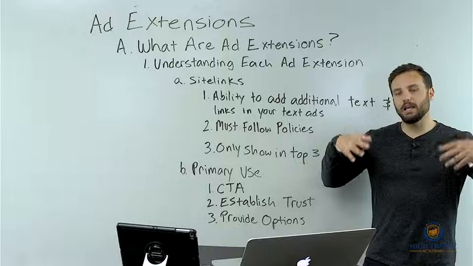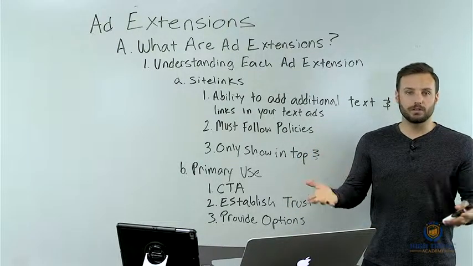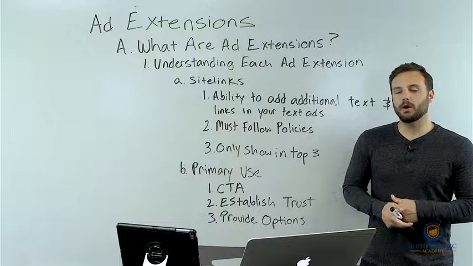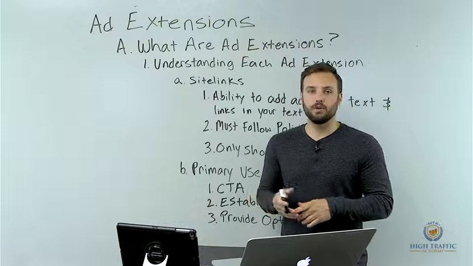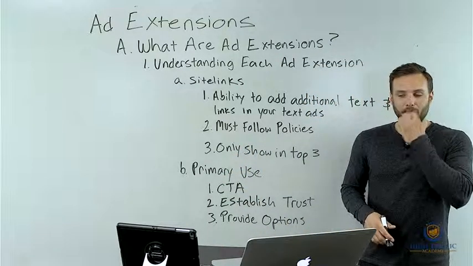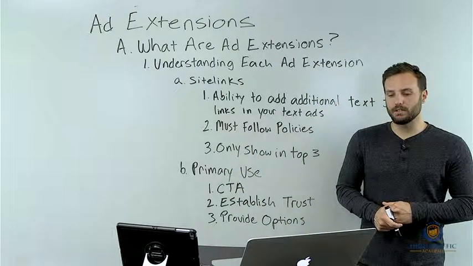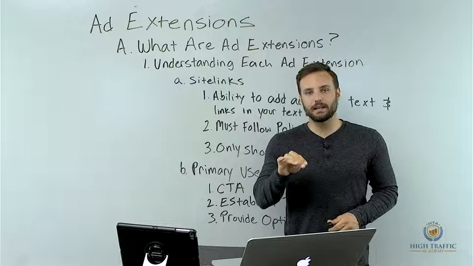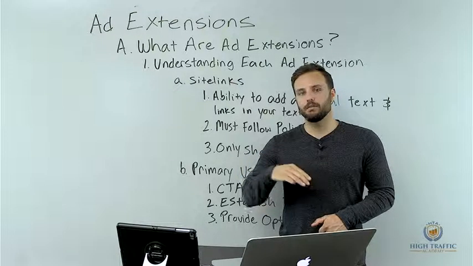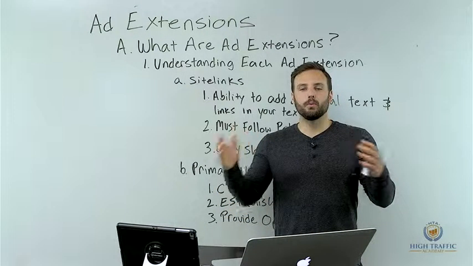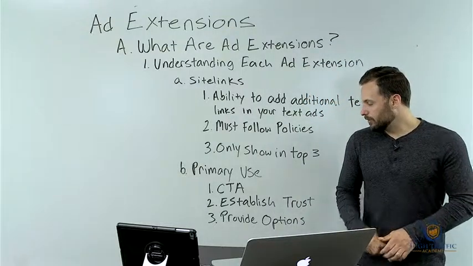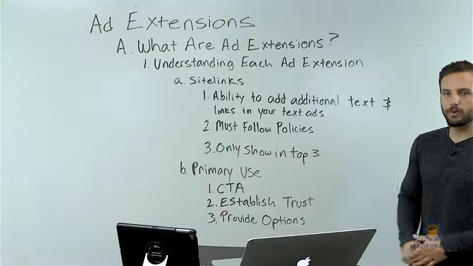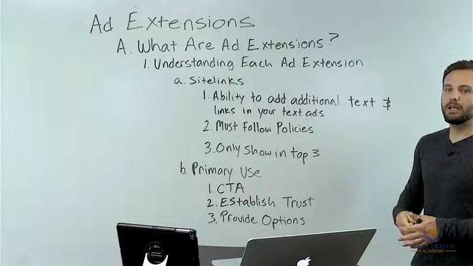For instance, in advertising for divorce, if there are several different processes that they can go through, for instance, legal separation, annulment, whatever it may be, and the keyword were Laguna Hills divorce, you could put in your ad extensions, file legal separation, annul a marriage, whatever it might be. So provide options: different forms, different products, different services that are relevant to the user search query. Just give the user more to be engaged with.